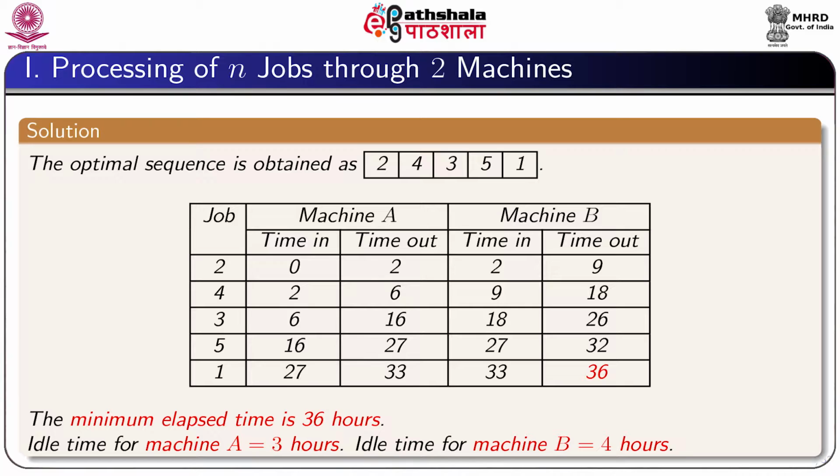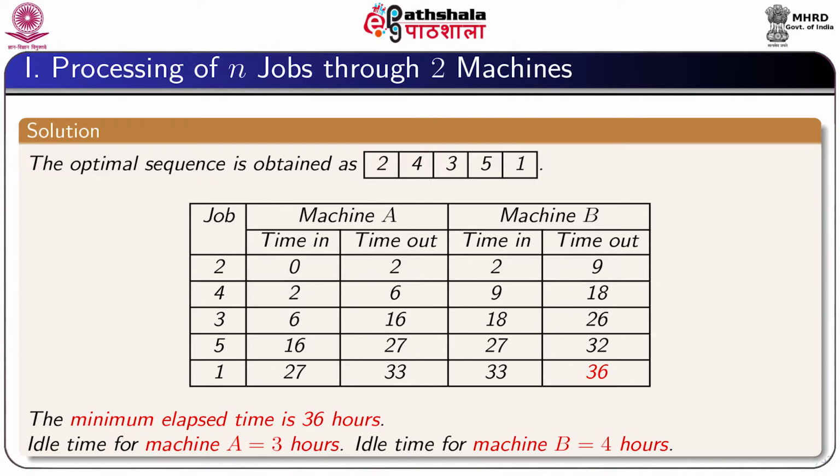As soon as job 2 is completed on machine A, machine B starts working, and in this way, when the sequence of jobs 2, 4, 3, 5 and 1 is completed on machine A, we need 33 hours, and these jobs will be completed on machine B after 36 hours.